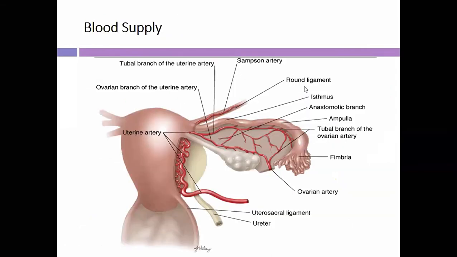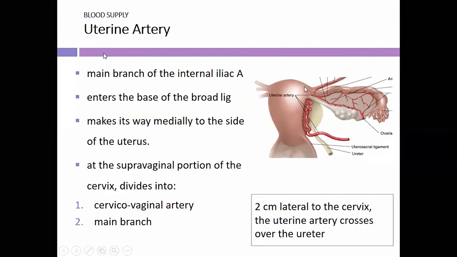I already mentioned the blood supply to the uterus, which is coming from the uterine artery. This is a branch coming from the internal iliac or the hypogastric artery, and this uterine artery also provides branches towards the fallopian tube, to the ovary, and to the vagina.